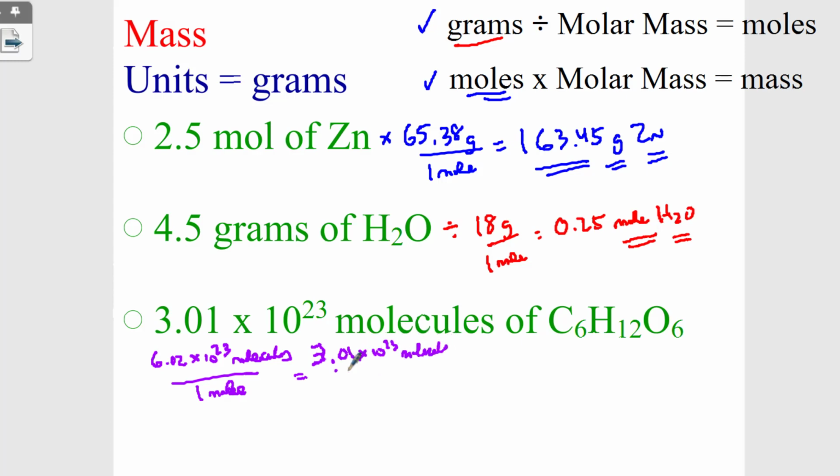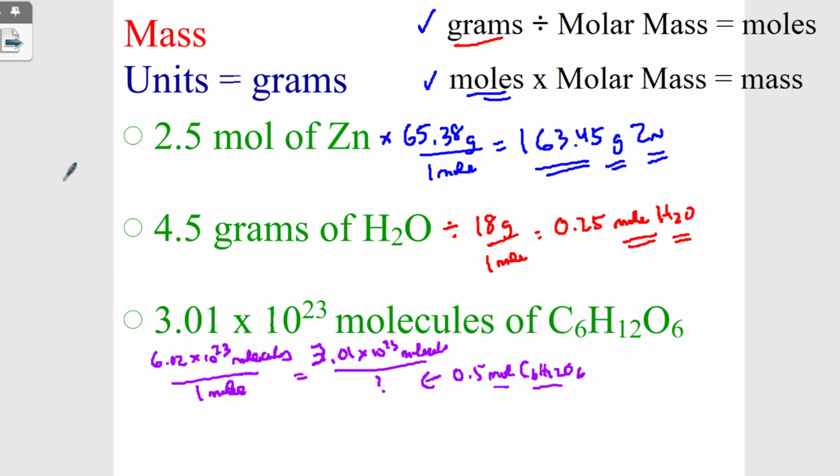I'm going to set up a proportion because it is proportional. So think of it: 6 times 10 to the 23rd is equal to 1 mole. 3 times 10 to the 23rd would be equal to 1/2 mole of C6H12O6. And so you can see I'm going to put my units and what it's assigned to.